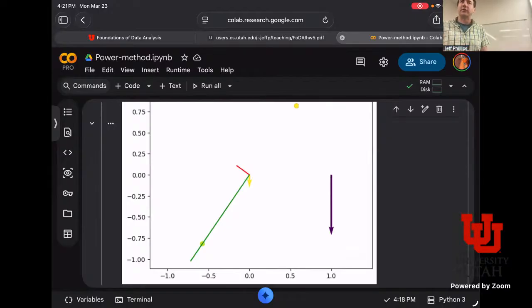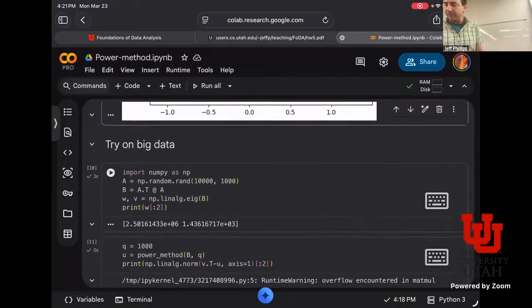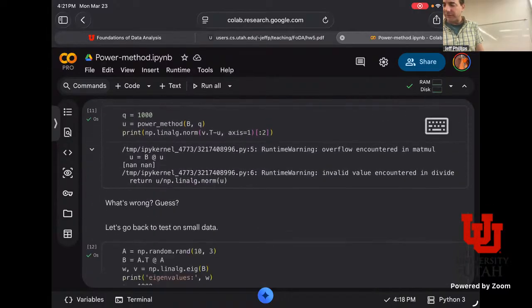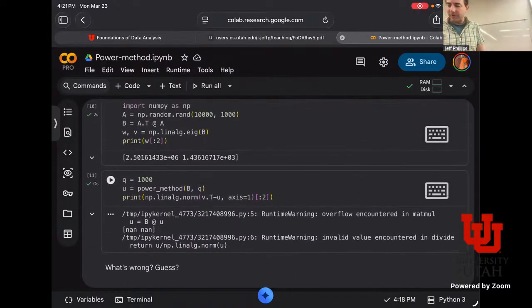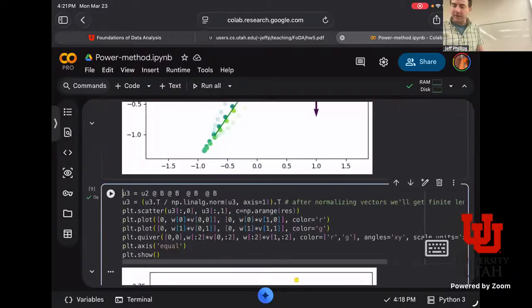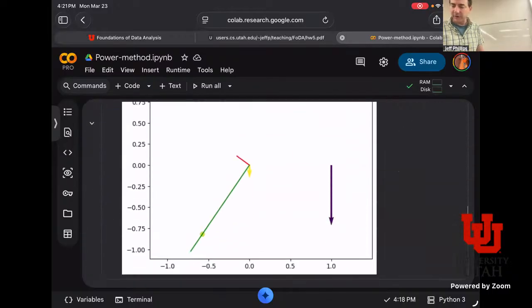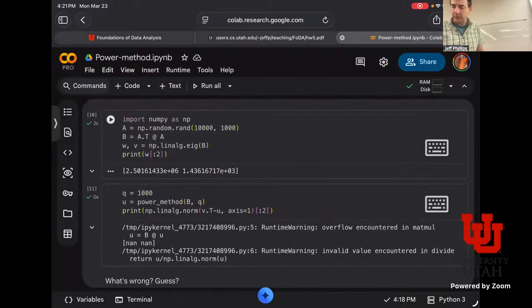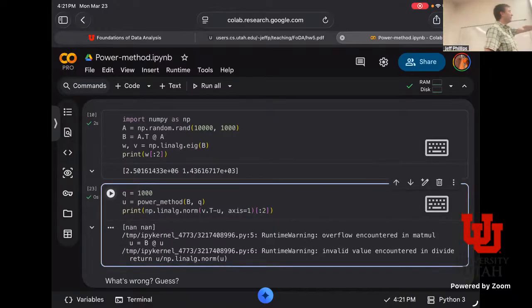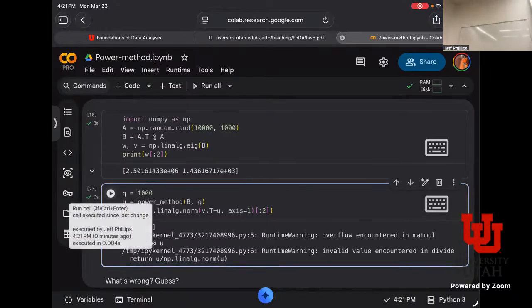If you play with this, there's kind of a neat second thing that happens. If I run this for 1,000 operations, it's going to throw an error. So this will break if I run this for 1,000 operations.